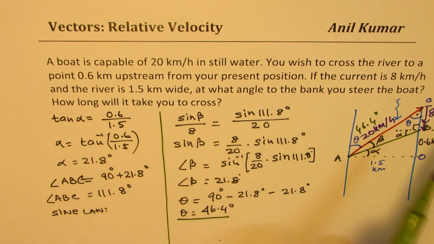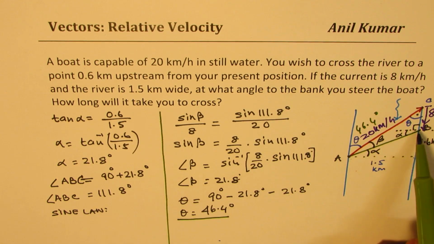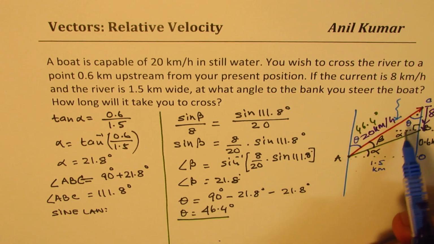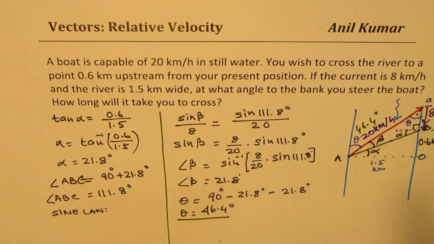How long will it take to cross? So basically now we need to find the resultant velocity and this distance also. So let's find that out. Okay, so let's find the resultant velocity first, which is, again, we have to apply the sine law to find this particular resultant velocity, right?